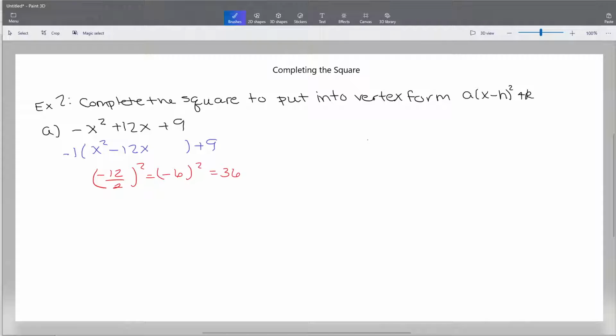So I have -1 times x squared minus 12x, and outside my parentheses I have plus 9. So I'm going to add my 36 in here, and then I'm going to subtract this number times this number. Now -1 times 36, that's -36.